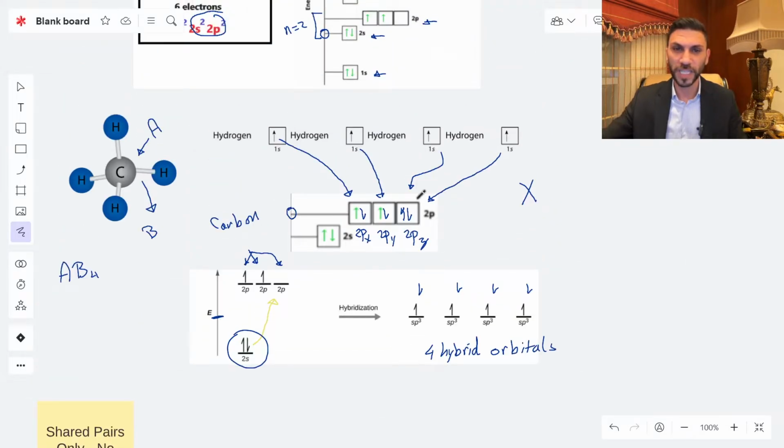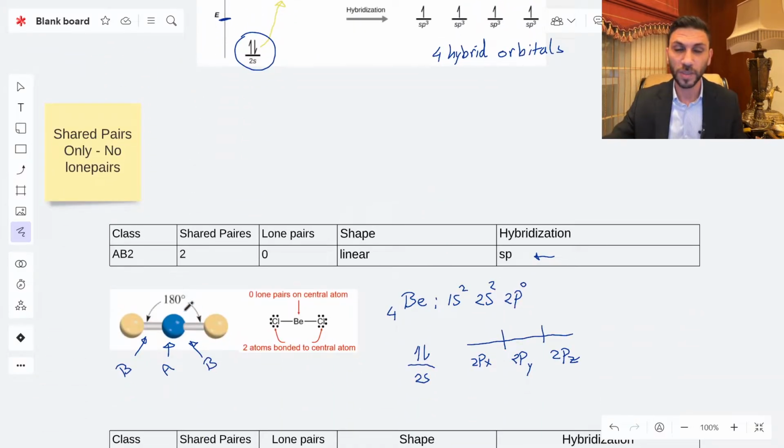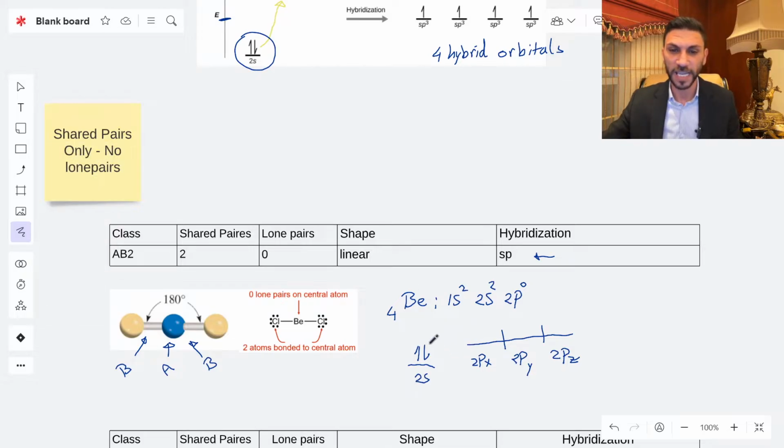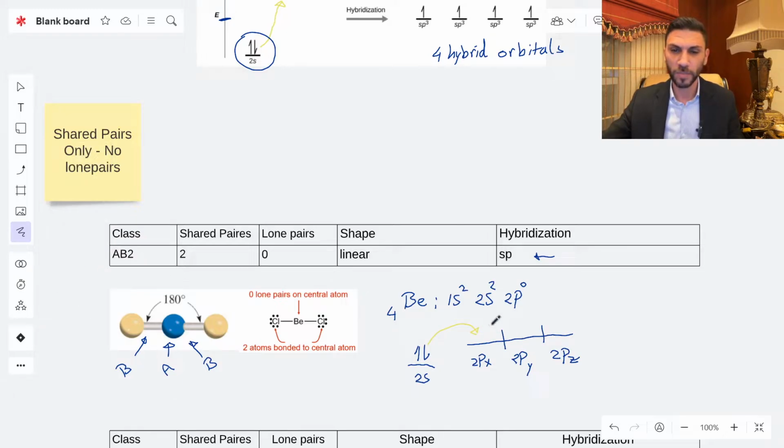Similarly to what happened to the carbon, we need to have hybrid orbitals so that all the bonds are equal in the angles, in the energies, etc. So one of the electrons in S will promote to 2px, and it will become like this.